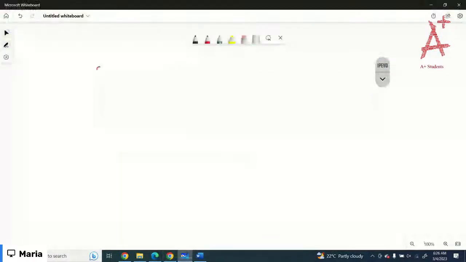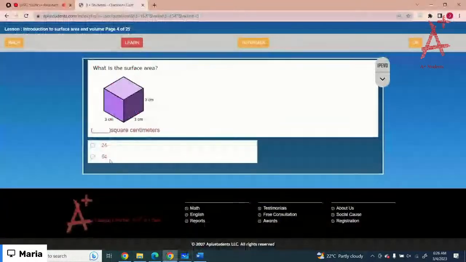Got it? So the surface area of one face is 3 times 3, and 3 times 3 is 9. So surface area has 6 faces. So it would be 6 times 9, and 6 times 9 is 54. So the surface area of the cube is 54. Got it? It is 54 square centimeters. Got it?